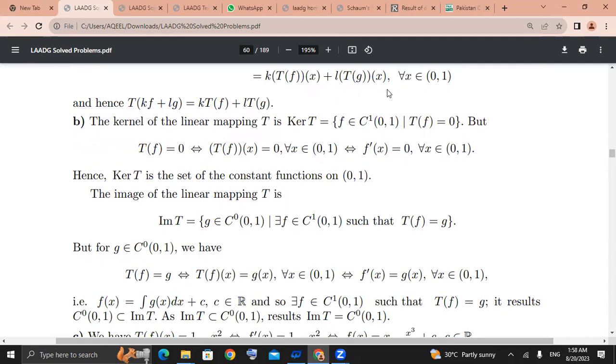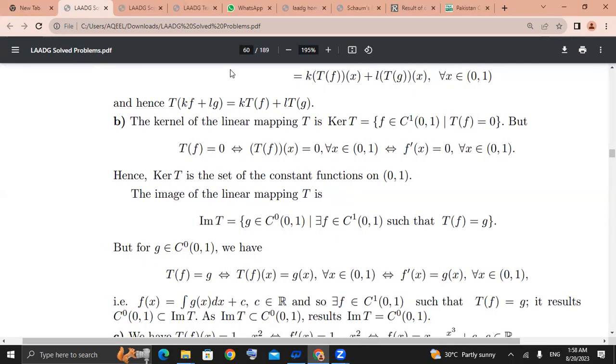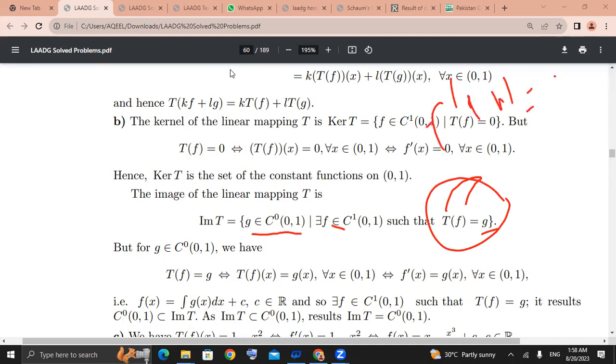The image means the answer we have obtained. The image of T is the set of all g belonging to C[0,1] such that there exists an f with T of f equal to g. So when we put T of f, we get f prime of x equal to g of x.